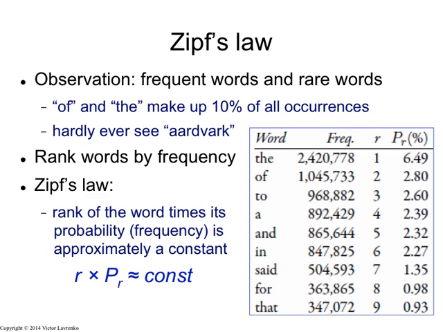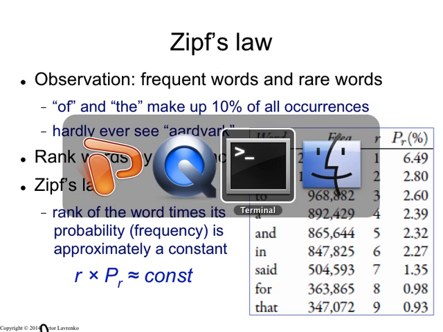Okay, so it's a pretty powerful law. It's not entirely clear how it arises, but what's neat about it is you can observe it in just about any collection of text. So this was Associated Press, and it's actually really easy to reproduce this result for just about any corpus that you might want to work with.